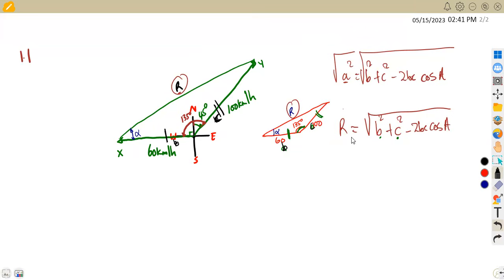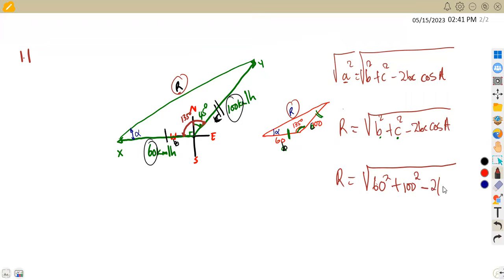All right, so we can plug in our values here, the 60 and the 100. So R is equal to the square root of 60 squared plus the C here, which is 100 squared, minus 2BC, again, the B and the C, your sides.